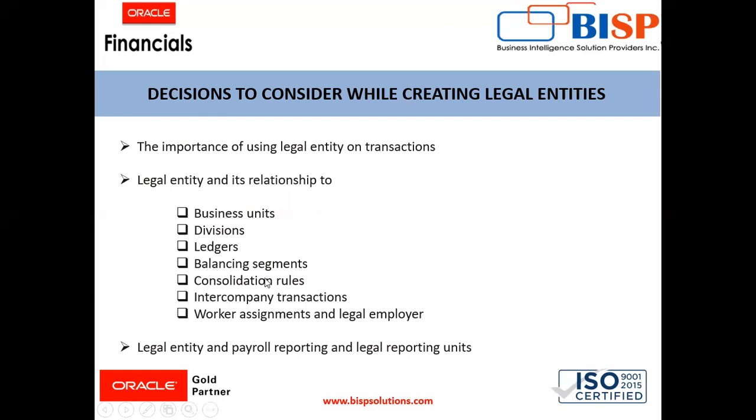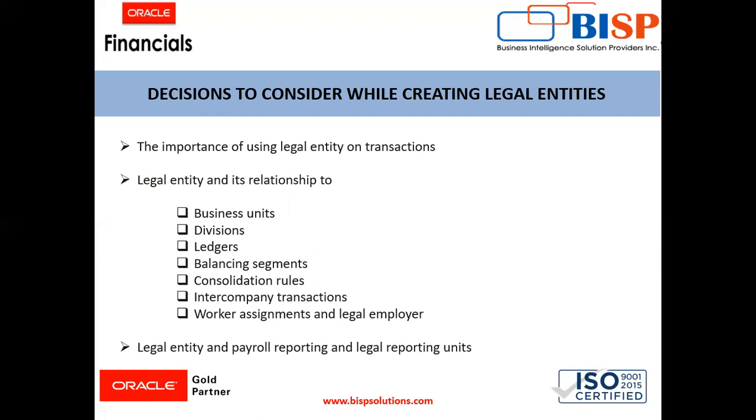We also specify the balancing segments in the Oracle Fusion application, so it is mandatory to establish a relationship between the legal entities and the balancing segments. The GL application in Fusion supports up to 3 balancing segments. The best practice recommends that one segment should represent our legal entity to ease our requirement to account for our operations.